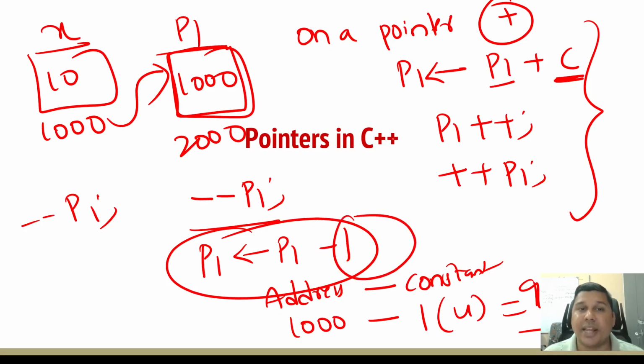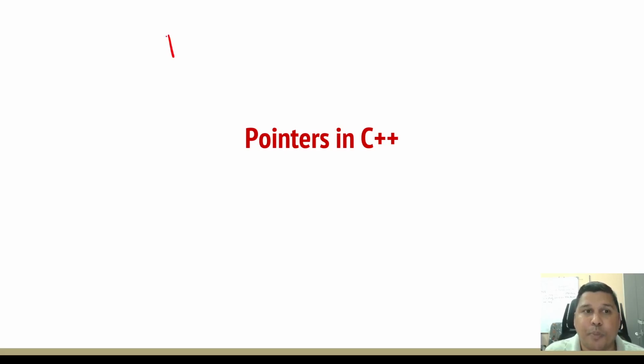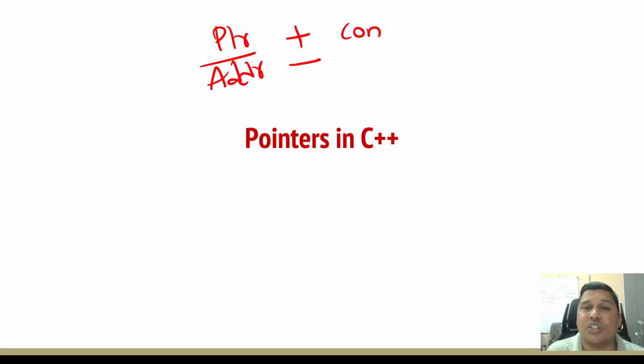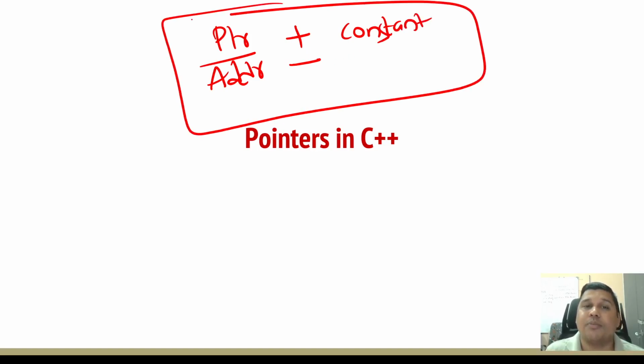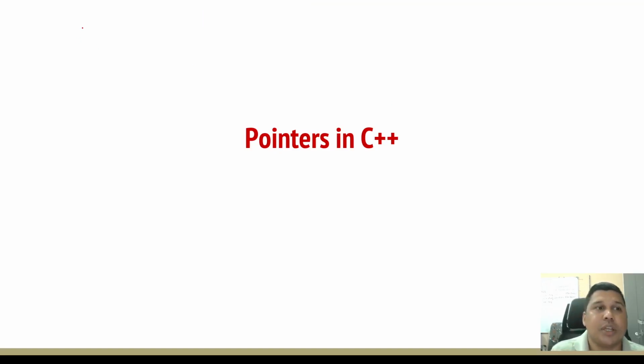So if you summarize the pointer arithmetic, pointer or address plus or minus a constant is allowed. Pointer plus a constant, pointer minus a constant, we can do. Let's see something else. I have p1 with x.